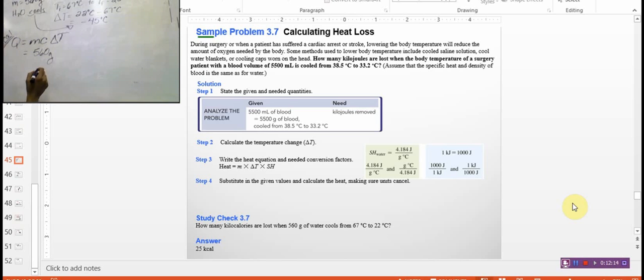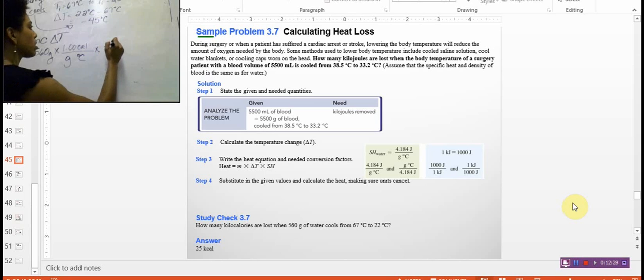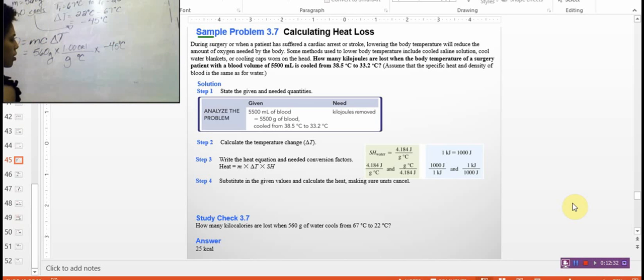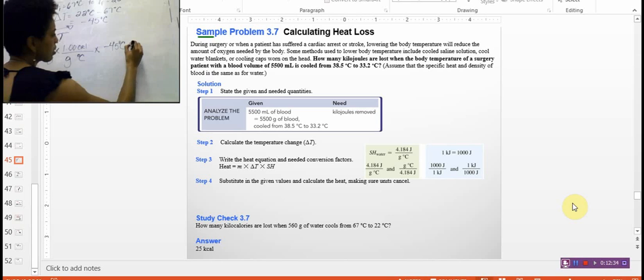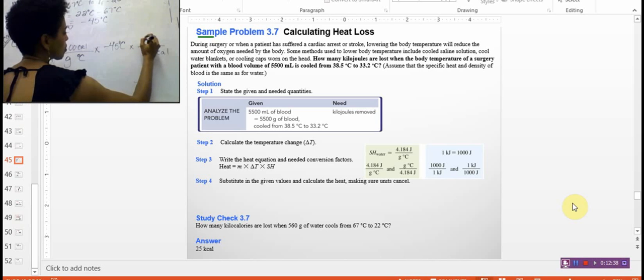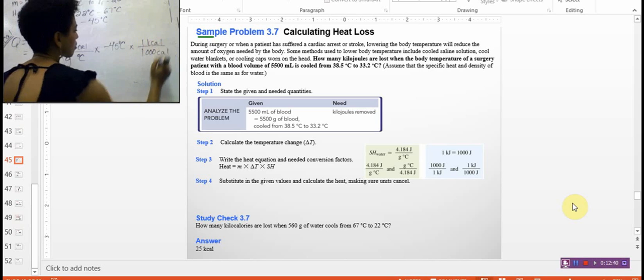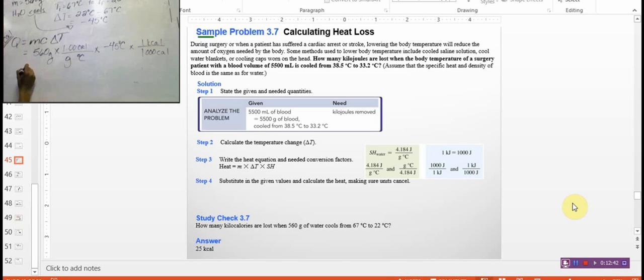So I've got 560 grams, and because this is water, the specific heat is 1.00 calories per gram per degree Celsius, times our delta T, which is minus 45 degrees C. And because we need kilocalories, 1,000 calories is equal to 1 kilocalorie.